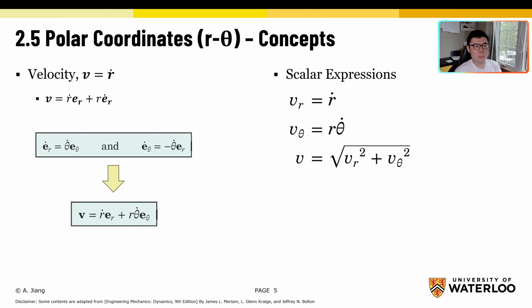We can also use its scalar form from time to time, when it's convenient, when the scenario is suitable. So the scalar expression gives us Vr equals r dot, and V theta is r theta dot, and the overall velocity is given by the Pythagorean theorem, Vr squared plus V theta squared under the square root.